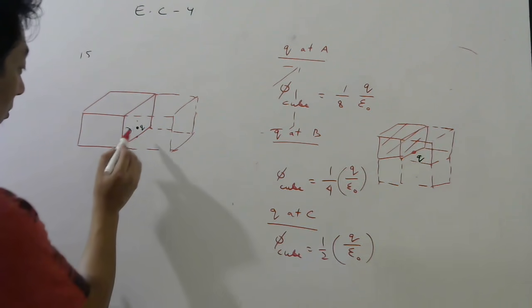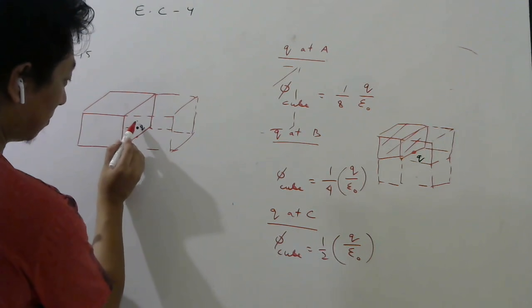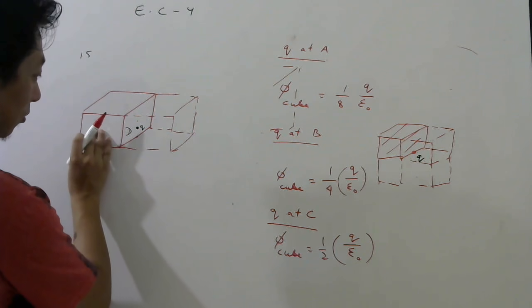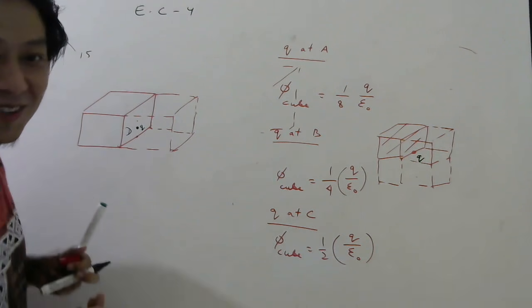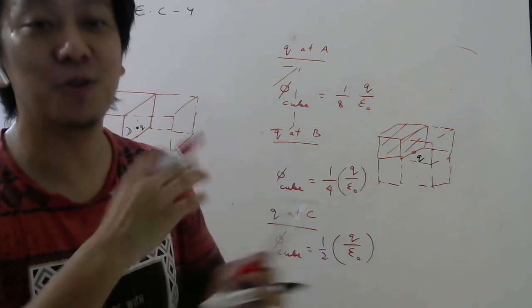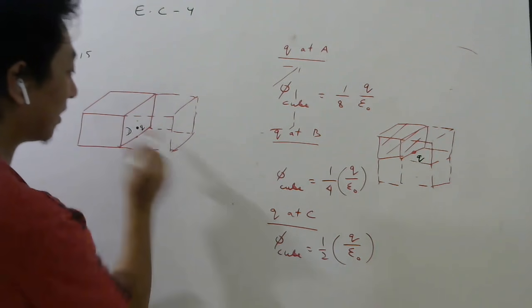Yes or no? So the way this charge is, it is between the center of this face and this point for this cube. But that is same for this cube also, no? So this charge is placed symmetrically for the 2 cubes. So the number of lines cutting this cube will be same as cutting that cube.